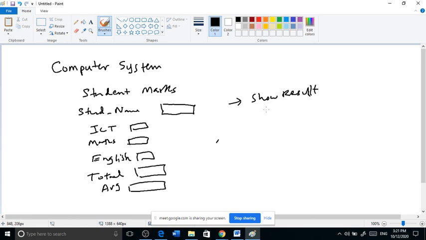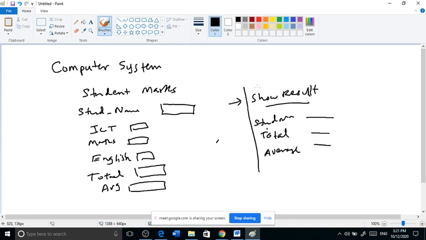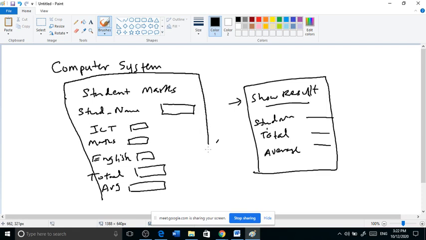So how can you show the result? You have to show the student name, then total and average. That thing you have to show on another screen. So this is one screen, this is another screen.